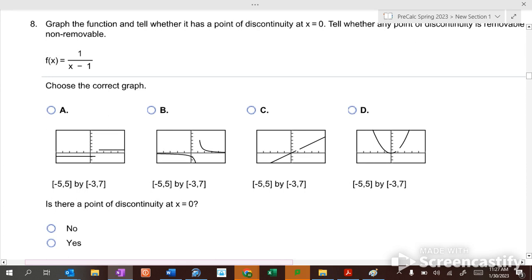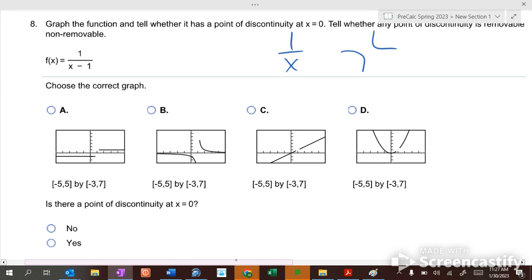All right. So, removable function or non-removable function. So, in general, what does a 1 over x graph look like? You should know that it looks like that. You should know by this time in pre-calc, 1 over x looks like that.